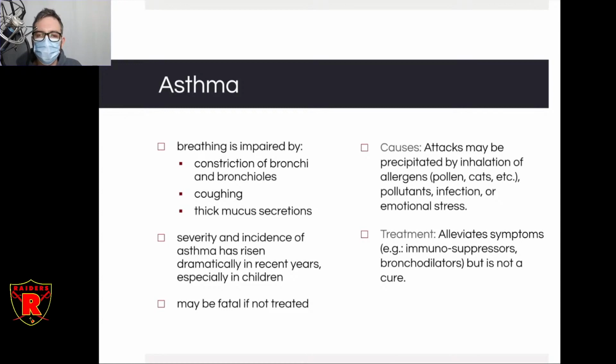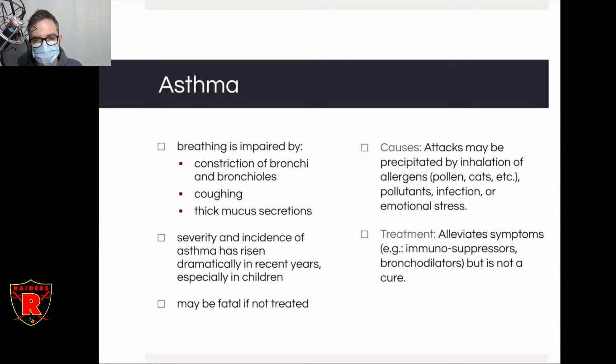Those bronchodilators are essentially muscle relaxants that you spray into your lungs. So when you spray a muscle relaxant in there, it just relaxes the muscles, and then the airway will expand. That's the type of inhaler that you use in an emergency during an asthma attack.